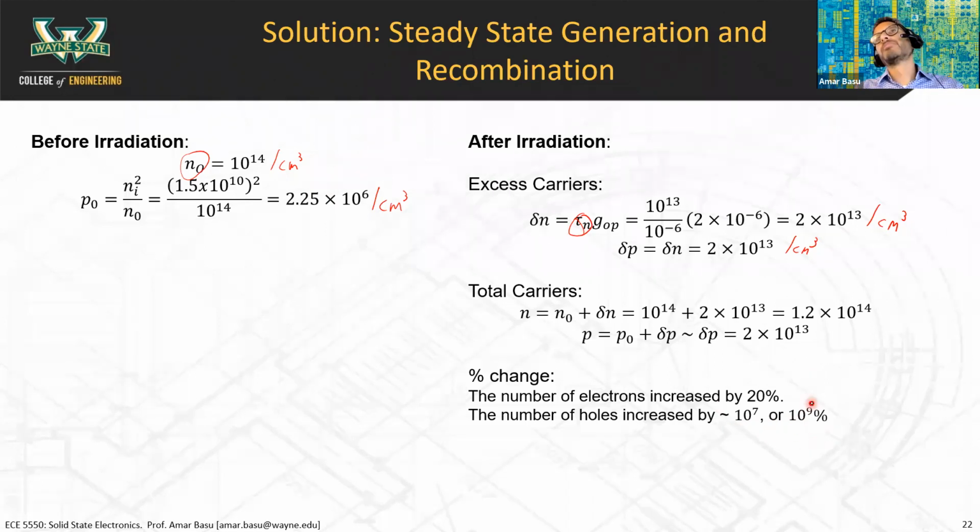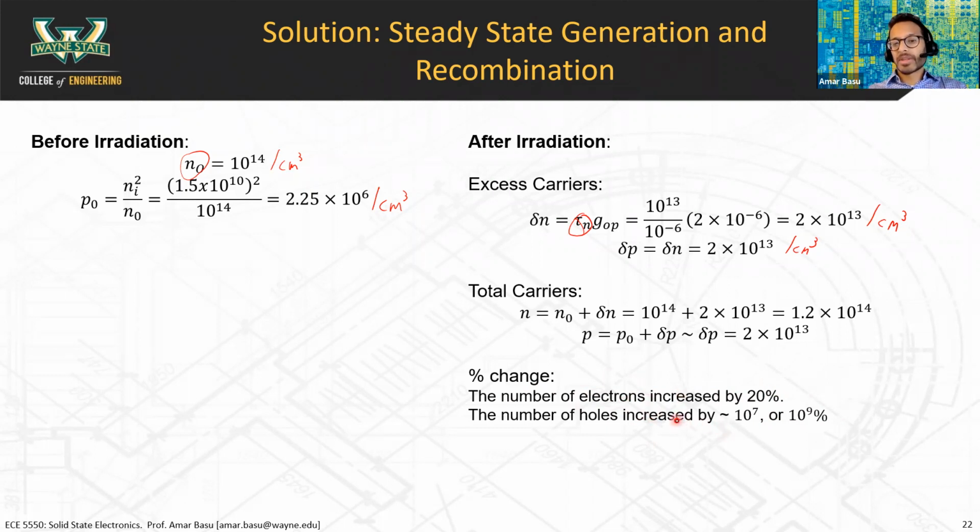So this is the type of situation where one carrier concentration fractionally didn't change very much. This is called the majority carrier. In an N-type semiconductor, the majority carrier is the electron, because you have a lot of electrons and very few holes. The minority carrier is the hole.